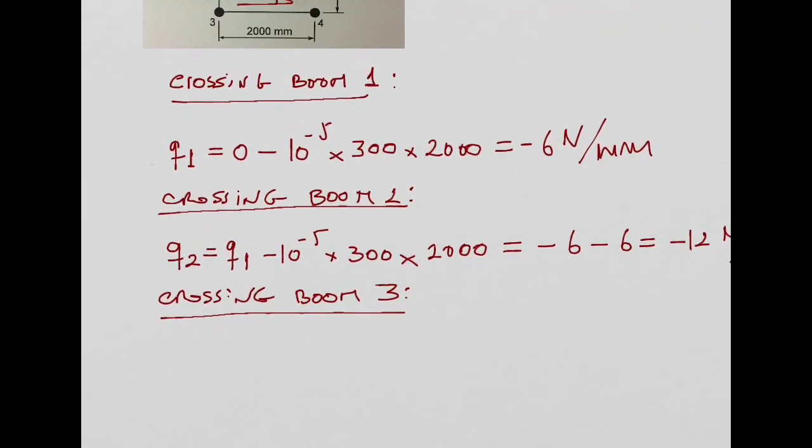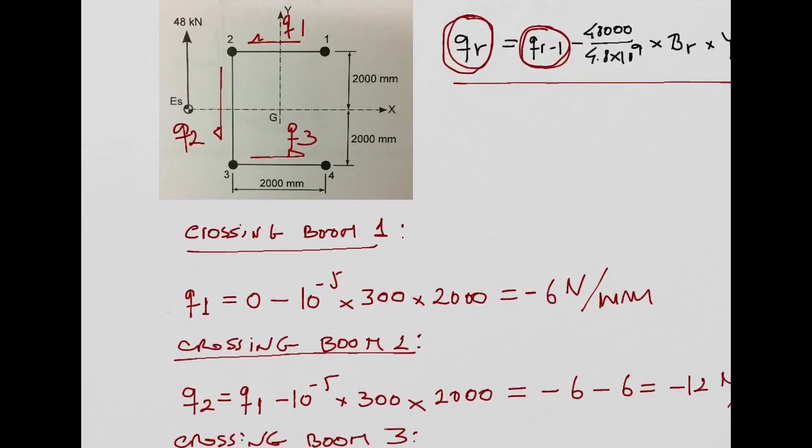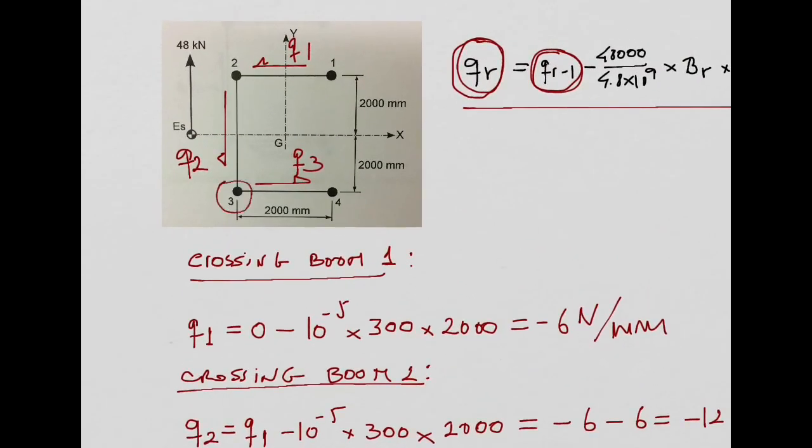So I will have Q3, the shear flow leaving, equal to the shear flow arriving, which is Q2, minus the same thing, minus 5 times 300 times. What is the distance of boom 3 to the neutral axis? Minus. This is very important.